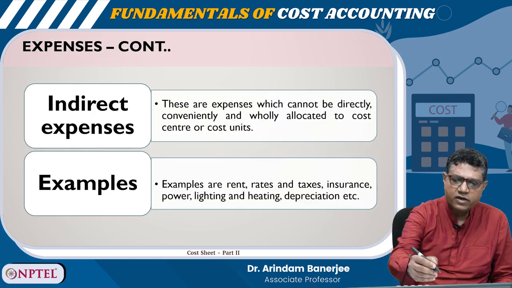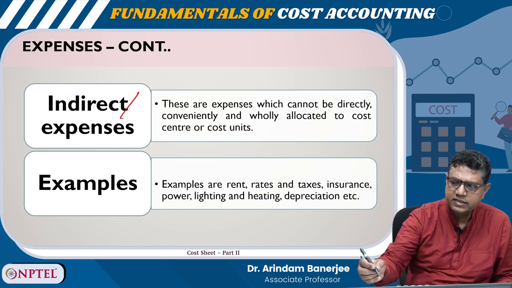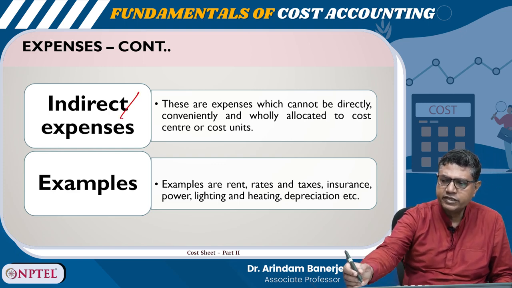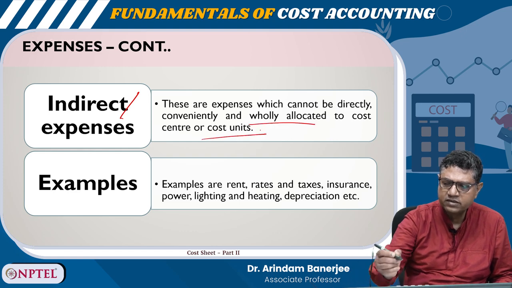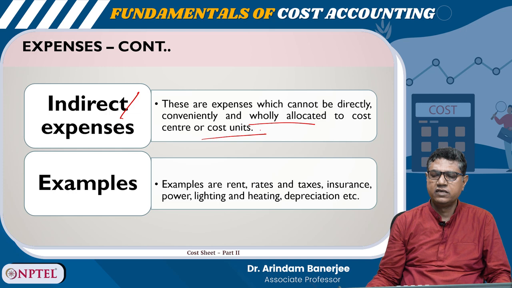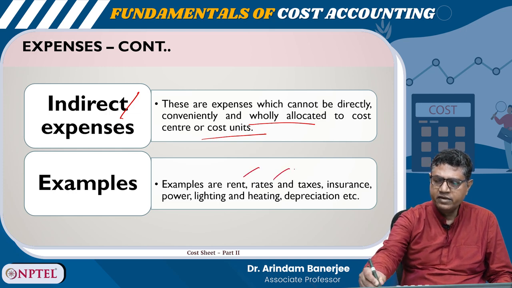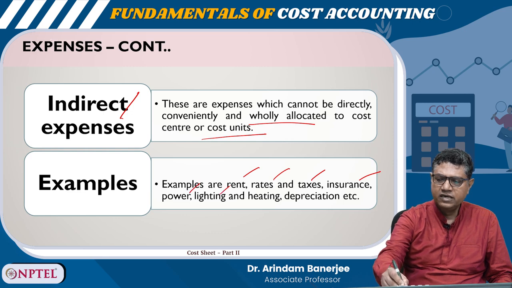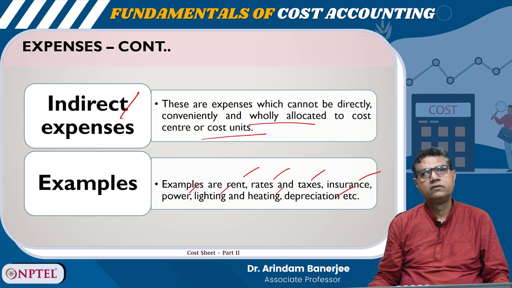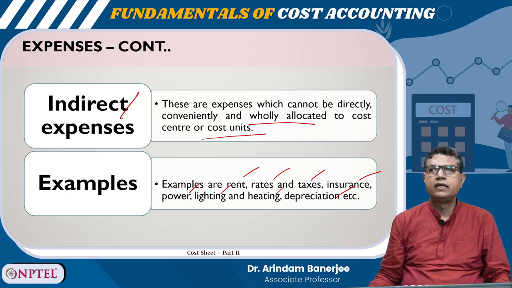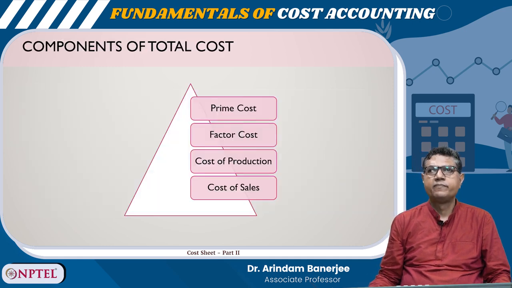What are the examples of indirect expenses? These are the expenses which cannot be directly, conveniently and wholly allocated to the cost center or cost units. Examples: rent, rates and taxes, insurance, power, lighting and heating, depreciation, etc.